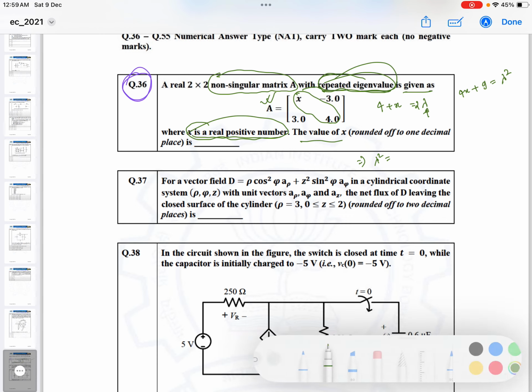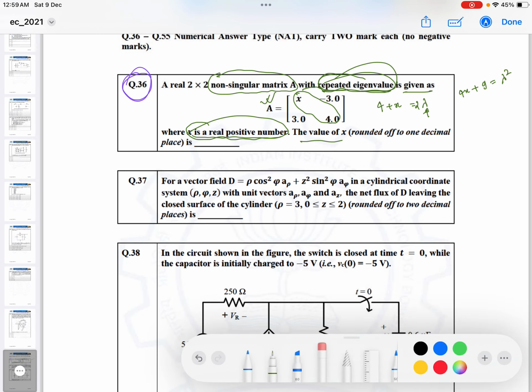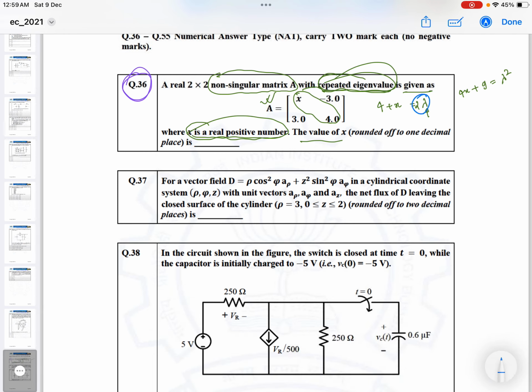Sum of the, so here we will have 2 lambda because the trace will be equal to the sum of the eigenvalues. The sum of the diagonal elements will be equal to the sum of the eigenvalues, and now if we find lambda, then lambda will be 1 divided by 2 times 4 plus x, and lambda square will be 1 divided by 4 times 4 plus x whole square, right?